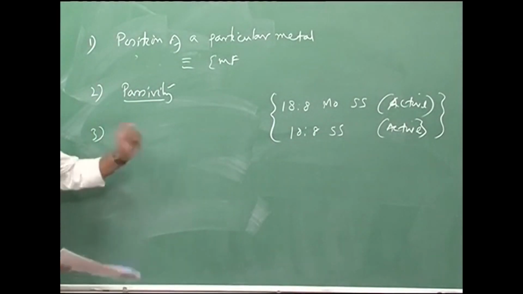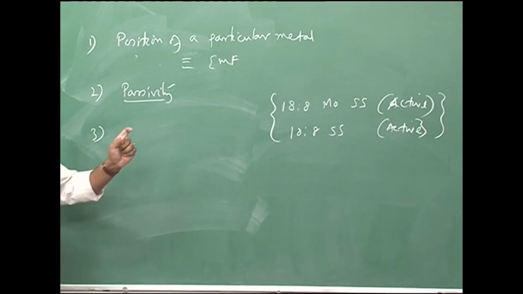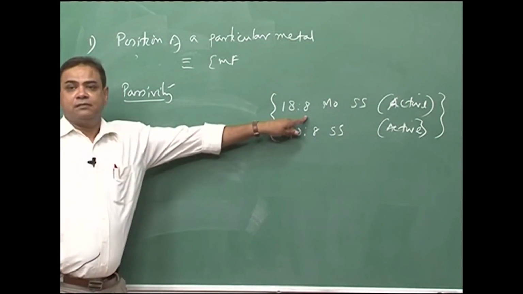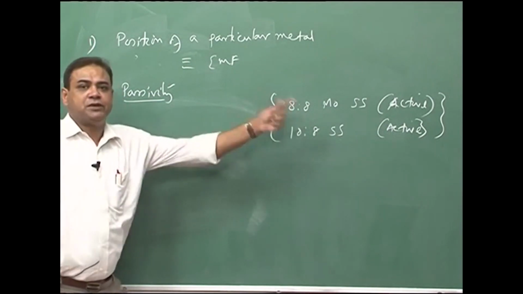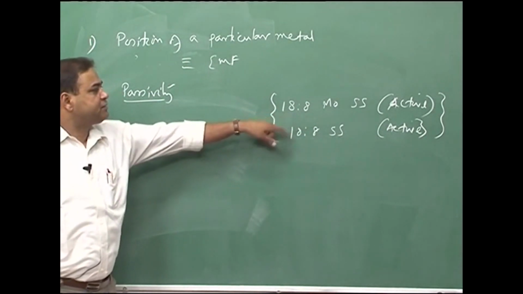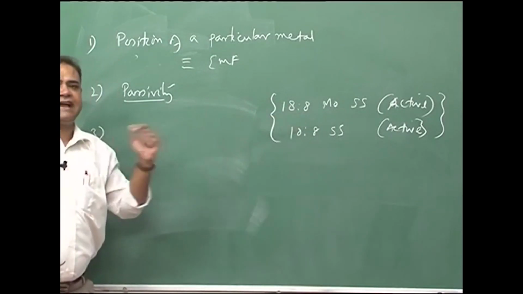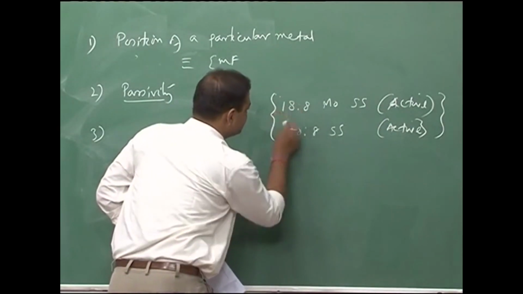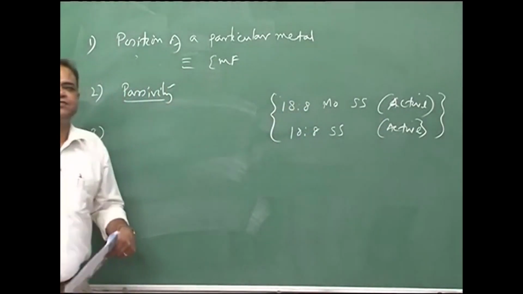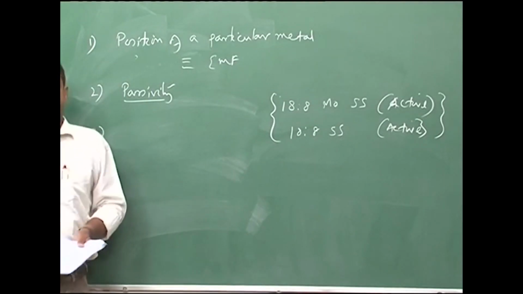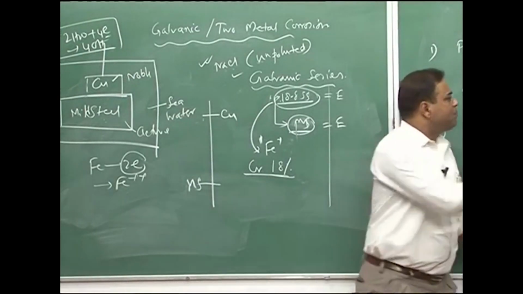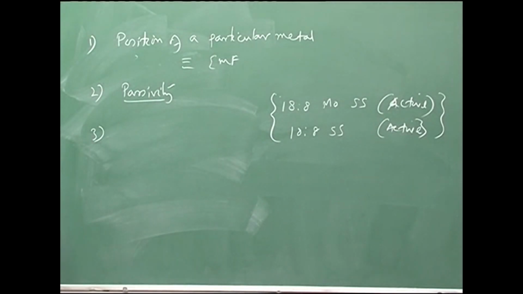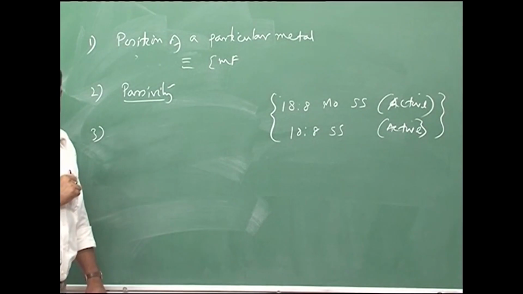Until the passive layer forms, it cannot behave as a passive metal. The passivity depends on the solution, and until the passive layer forms, it will always act as active. So, when in the active state, these two metals will always behave similarly in that particular solution, meaning both will have the same level of free corrosion potential.